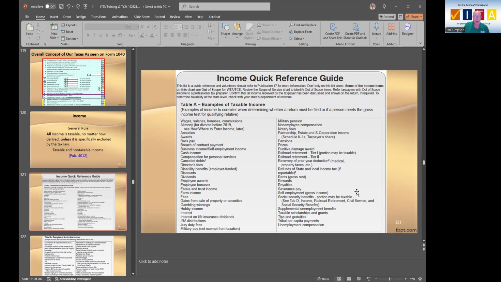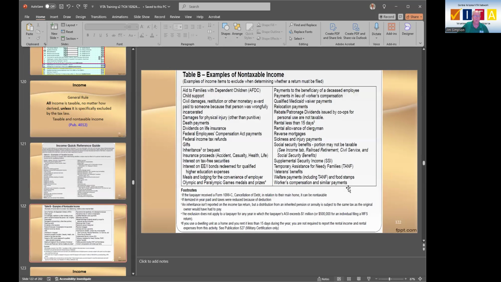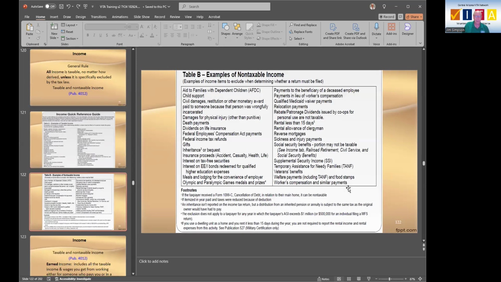Now, I think it's easier just to think of everything as income unless it's excluded. So I really want to know what's not taxable. And if you turn the page and go to D4, here's examples of non-taxable income. And they're a lot less, and many of these are really rare, right?